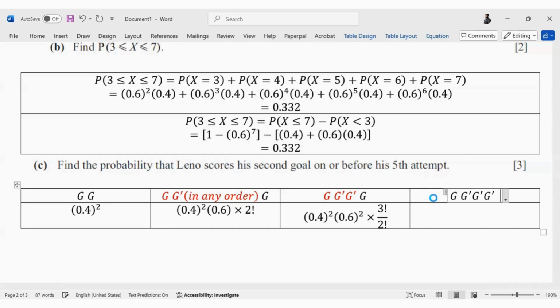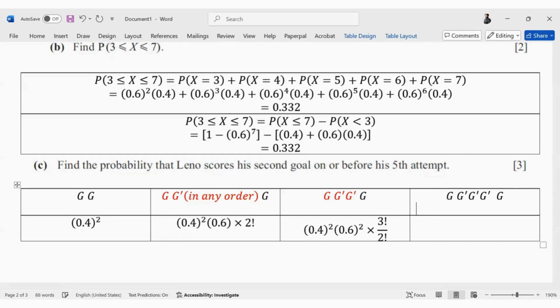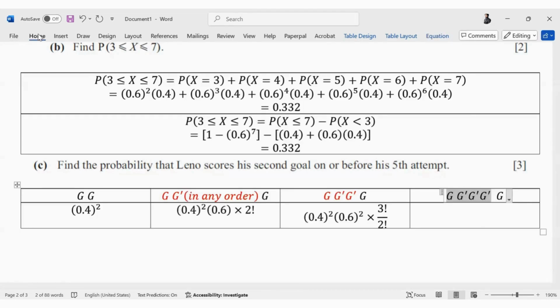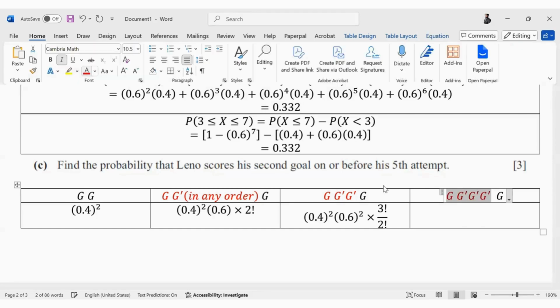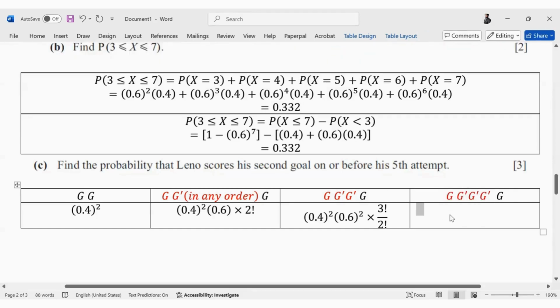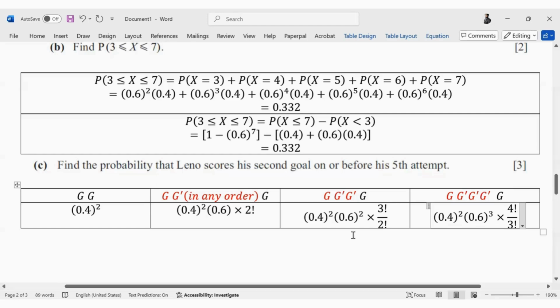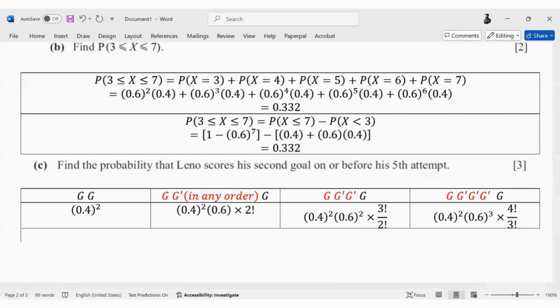And then in the fifth one, he scores a goal. Again, the first four can happen in any order. Considering all their orders, I will say I have 2 goals and then 3 no goals, and then it's 4 factorial divided by 3 factorial. And all of these will be added.